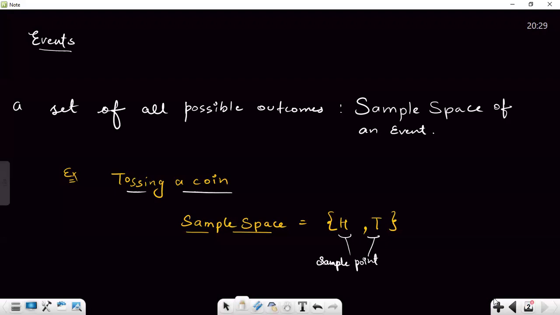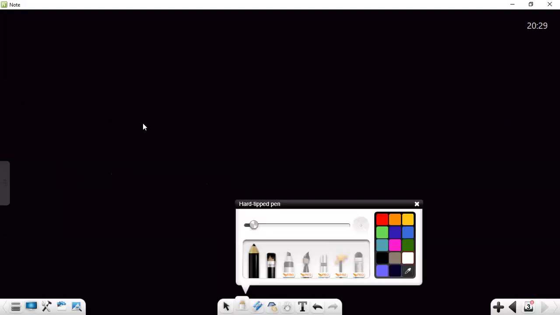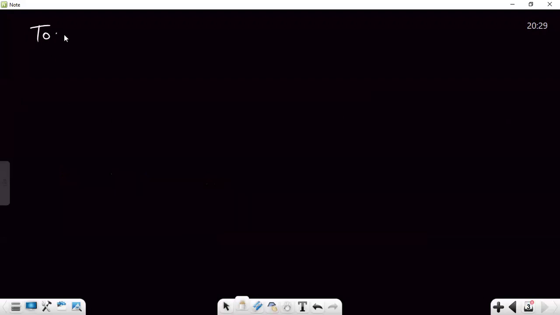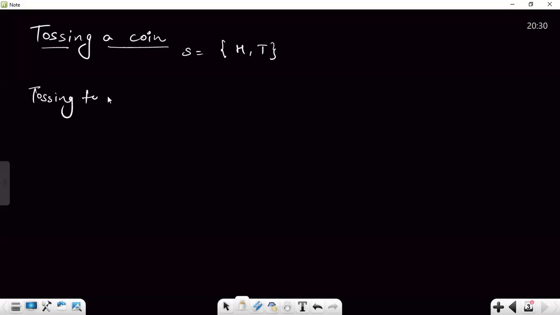Now let's talk about tossing a coin a little more. How many outcomes were there? The sample space: heads or tails. Let's now discuss if two friends toss two coins simultaneously.